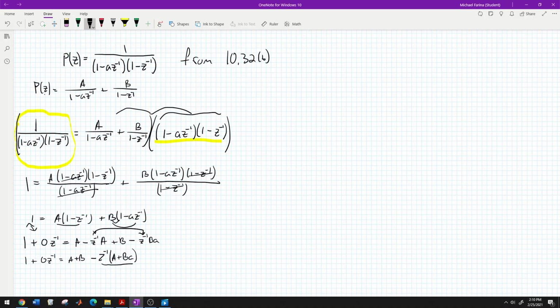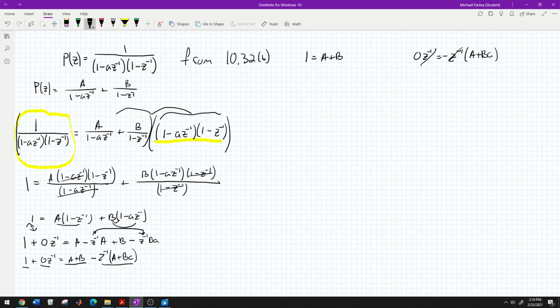This term has a Z inverse in front, and these are supposed to be numbers. So we have 1 is equal to A plus B, and we have 0 Z inverse is equal to negative Z inverse times A plus B times little a.